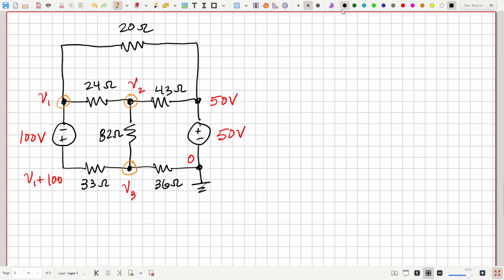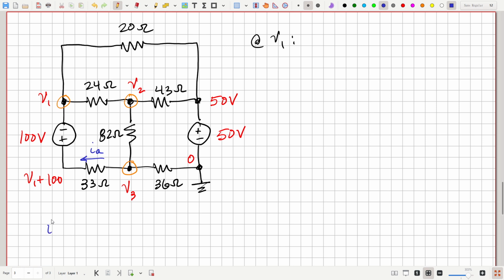All right, so what do we have in this case? Well, we just do a regular node voltage method. And we could call this current IA.